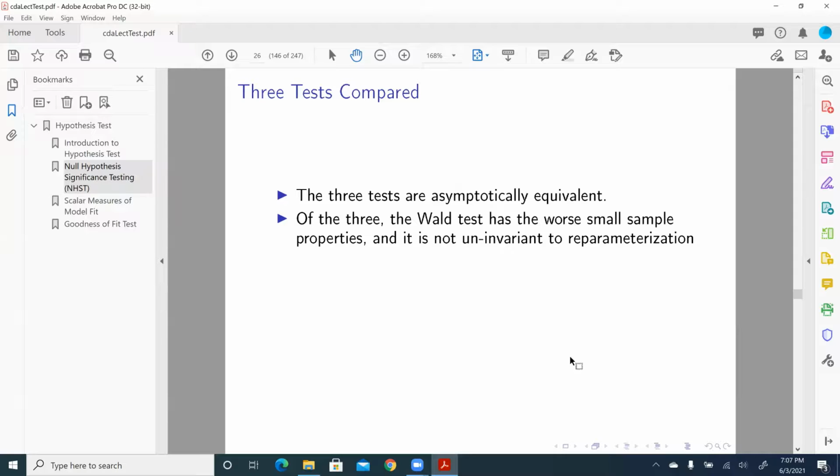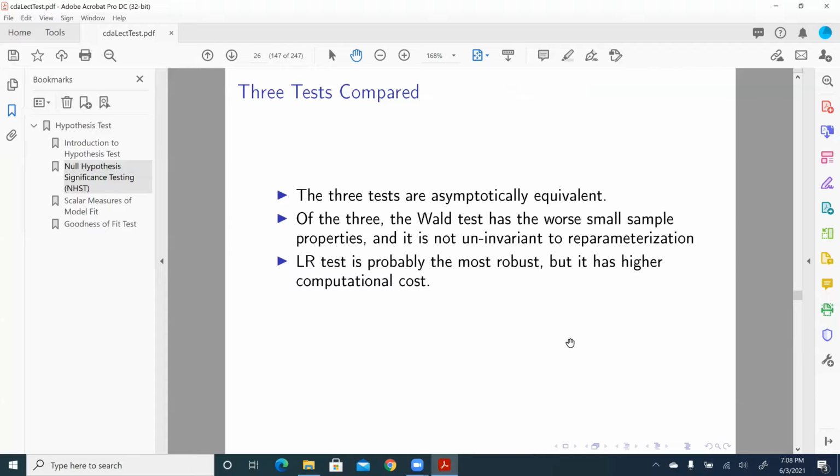The Wald test has the worst small sample properties, and it is not invariant to reparameterization. The LR test is probably the most robust test, but it has high computational cost because we have to estimate two models, one constrained and the other unconstrained, while the Wald test just involves the unconstrained model.